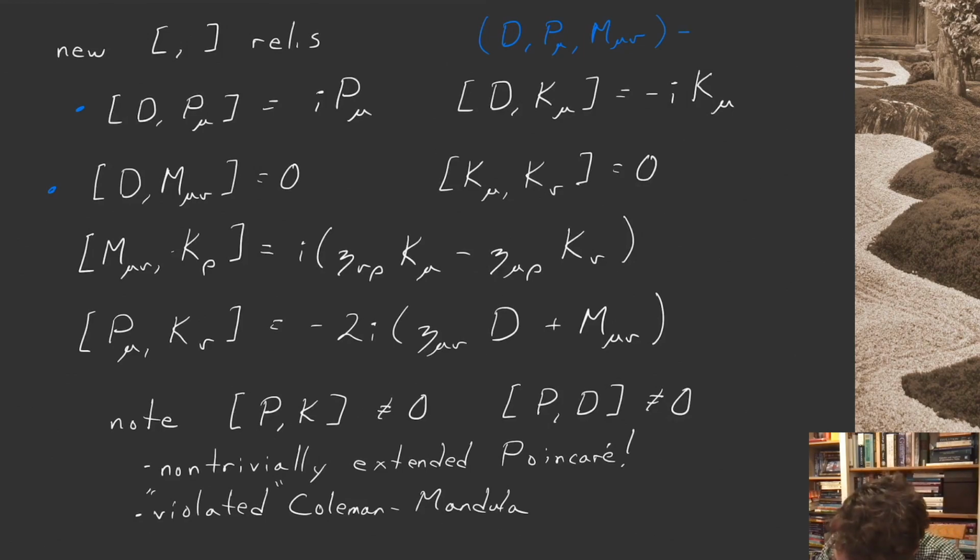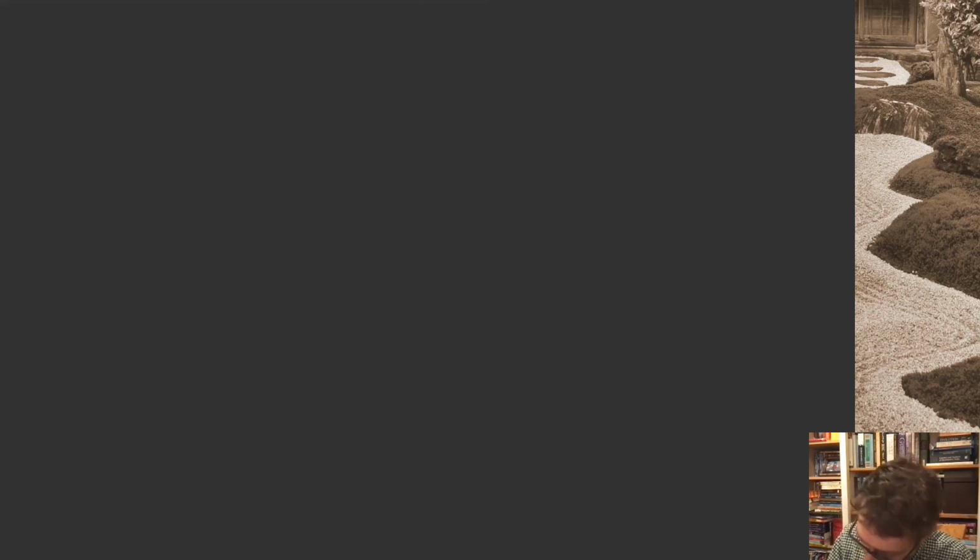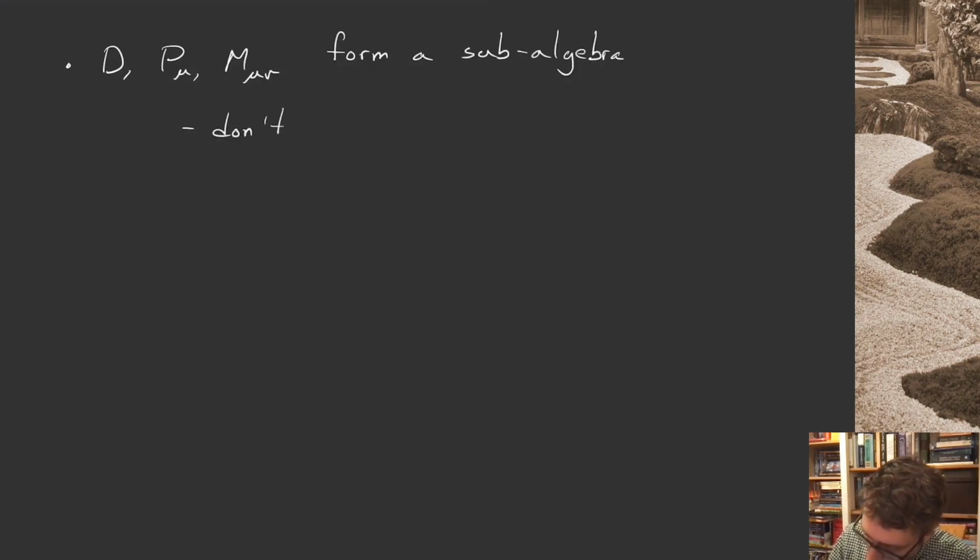So these actually form a closed subalgebra. I don't, strictly speaking, need to augment scale transformations with special conformal. So let's say it again, it's an important point: D, P_mu, and M_mu nu form a subalgebra. We don't require K_mu for closure.